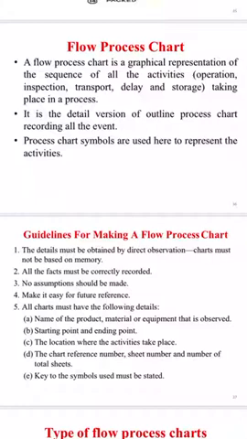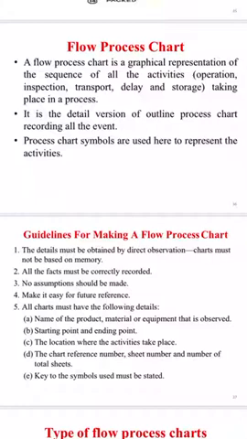In the previous case we record only two activities, operation and inspection, but in the second case we record all the activities. That is the basic difference between the operation process chart and the flow process chart. The process chart symbols are used to represent all activities. As we know, there are 6 symbols: operation, inspection, transportation, delay, storage and combined activities. All 6 symbols we need to use to represent the flow process chart.